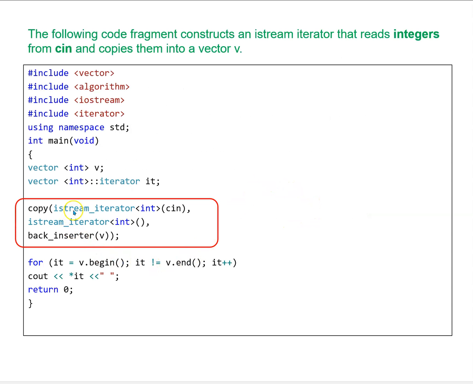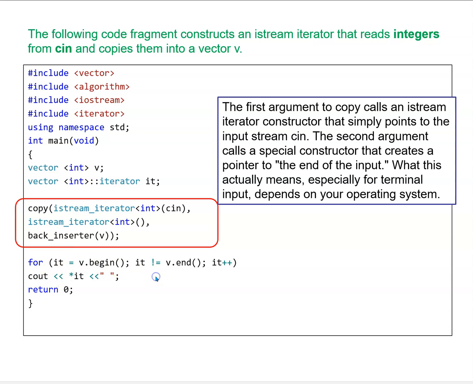So we create an istream iterator, and then we create our back inserter iterator, and now we run through it. The first argument to copy calls an istream iterator that simply points to the input stream cin. The second argument calls a special constructor that creates a pointer to the end of the input.